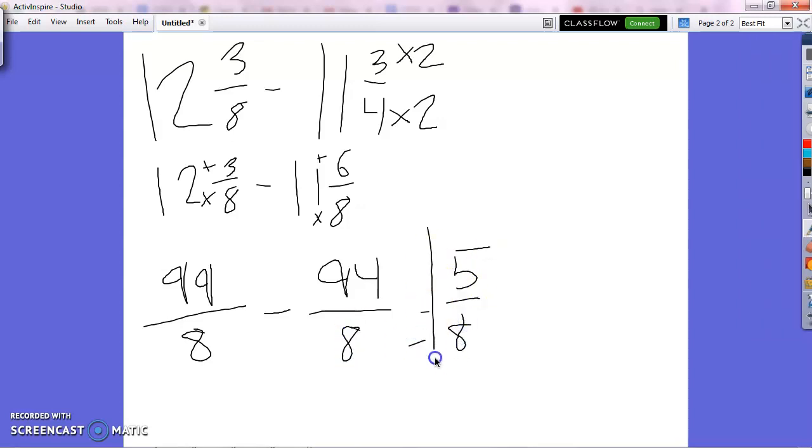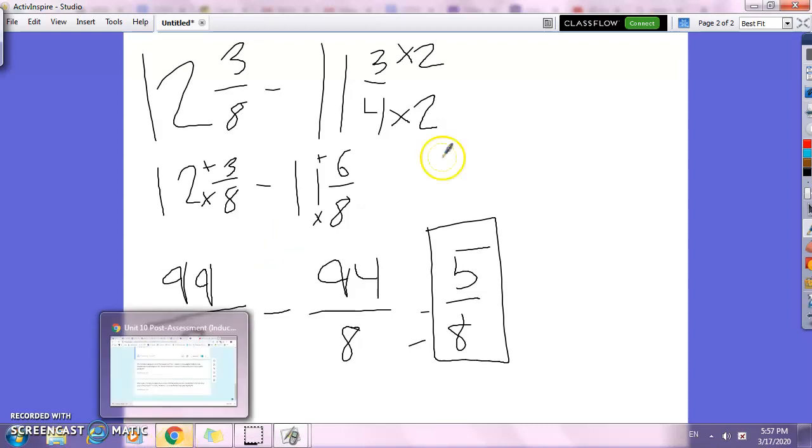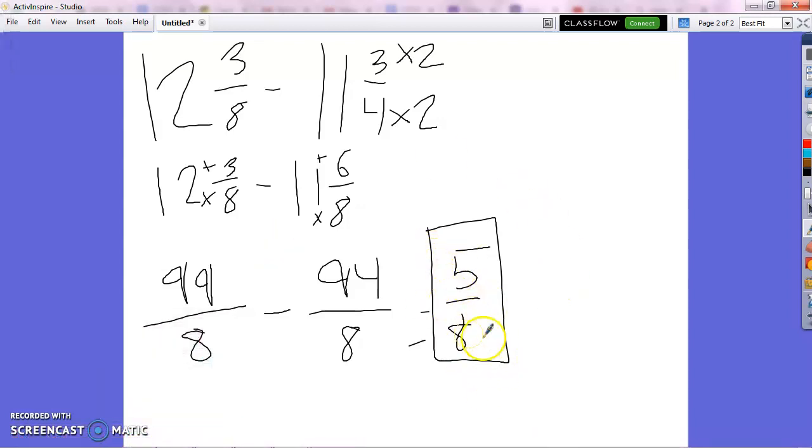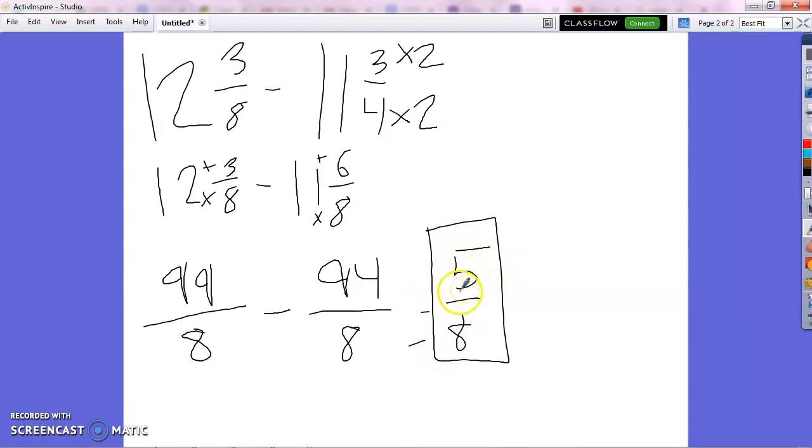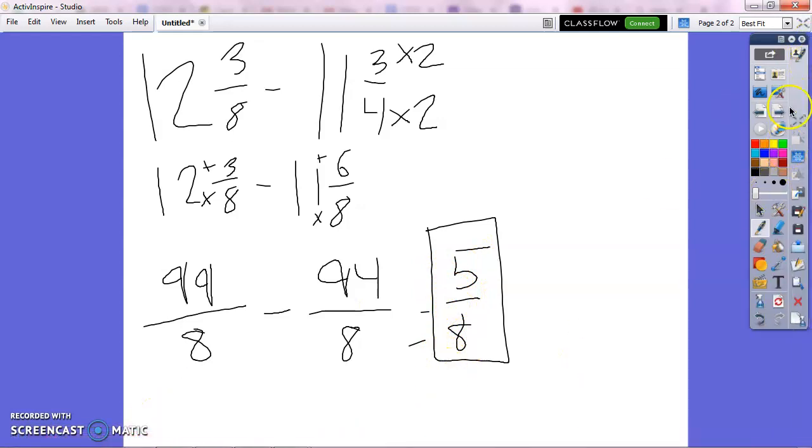So the answer is 5 eighths, but remember the question was how much heavier was Max's backpack than Angela's? So his backpack was heavier by 5 eighths of a pound. And remember, I can't simplify here because this number, 5, not the numerator, sorry, oh my gosh, is smaller than the denominator. Okay.